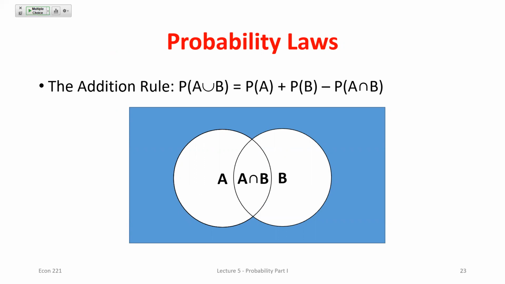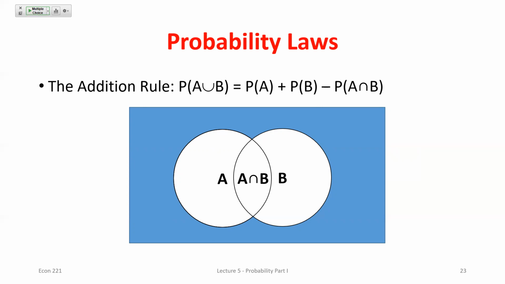So why are we doing this? Well, if you think about the union means it can be an outcome that's in event A, it could be in event B, or it could be in both. Right? So anything in this white space here represents the union of A and B. All the outcomes that are in A and B or in both. The problem is I can't simply add the probability of A to the probability of B, because if I add this to this, I've double counted whatever's in both of them, right?